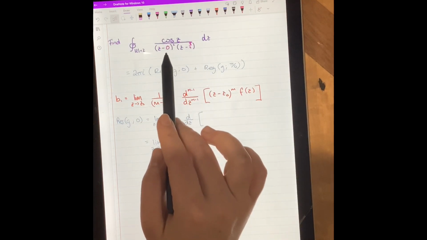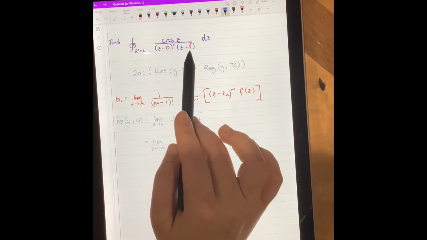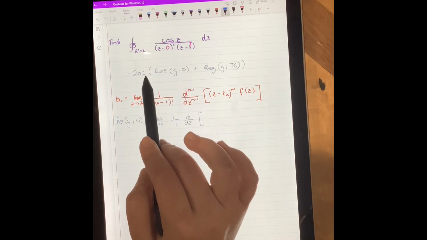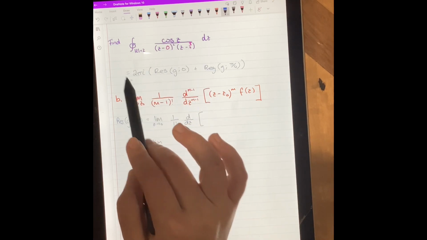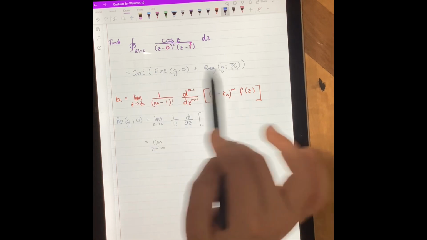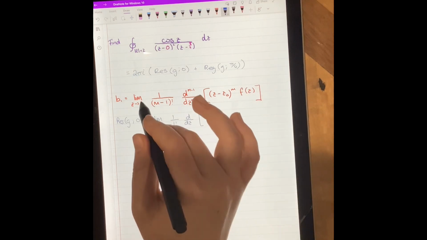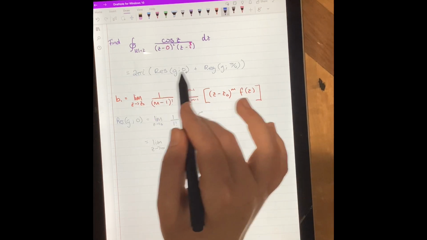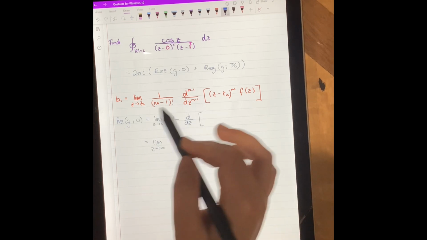So we know that there's the essential singularity, so there's a singularity at the point 0 and at the point pi on 4. So to find the value of this, with the residue theorem, it's 2 pi i times the sum of the two residues. To find the residues, we have this formula and we just apply it.